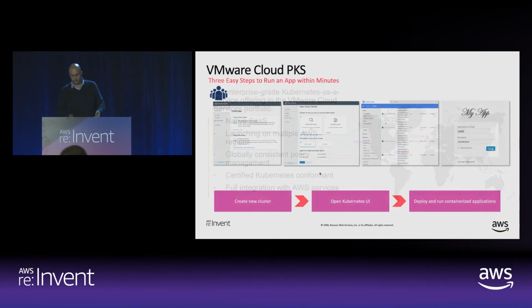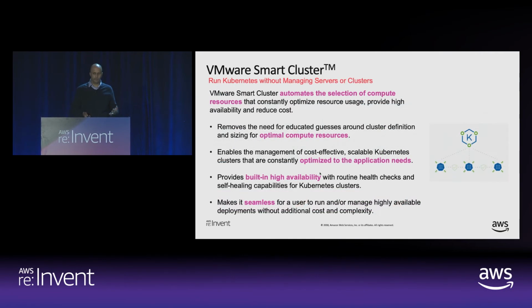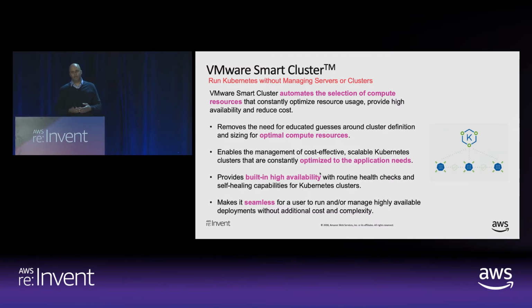So there are several different benefits of this service. One of them is what we like to call Smart Cluster. What VMware Smart Cluster technology is that once you deploy that cluster, the service actually determines what the capacity needs to be for that cluster. You never put in a capacity amount. So let's say EKS or even on-prem, you would have to go in and say, I need this many nodes of maybe large or small size or maybe with a certain CPU, and you bring that up.